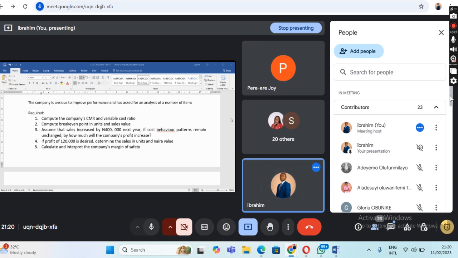What is the formula? It is calculated as your fixed cost plus your target profit. You can see they want to make a profit, and this profit is before tax, divided by your contribution per unit. Because you are looking for units. Don't forget, when you are looking for something in units, you divide it by contribution per unit.